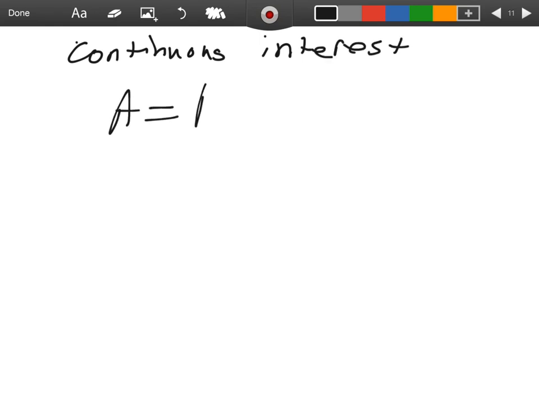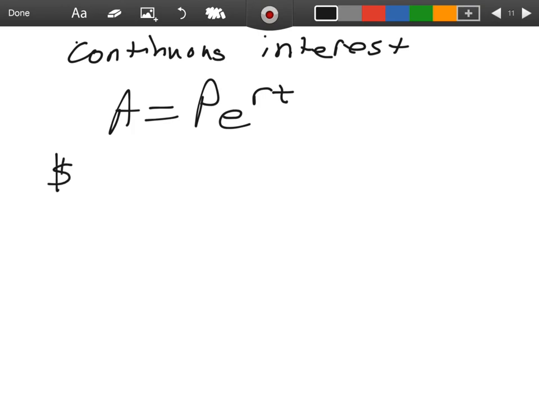Now we have another formula, and that's for whenever you start compounding more and more and more, it gets to the point where it's almost compounded continuously. We have a formula for continuous interest, and that uses my little e. Okay, again, e is just a number. It's just between 2 and 3.